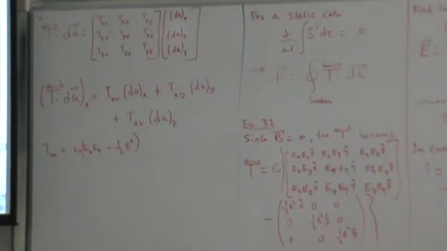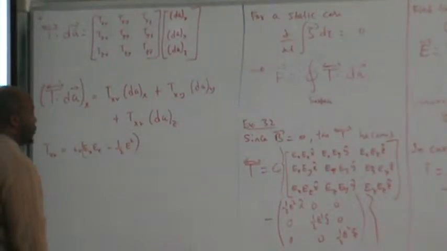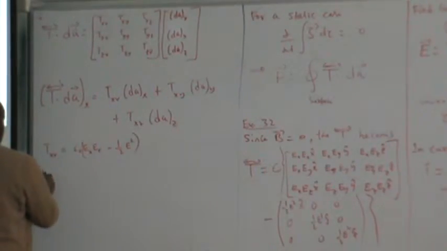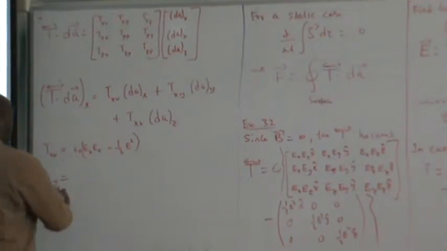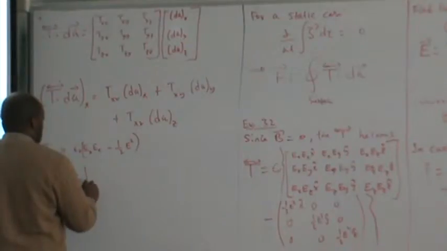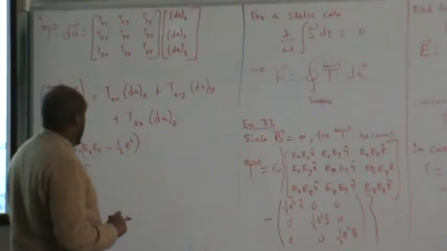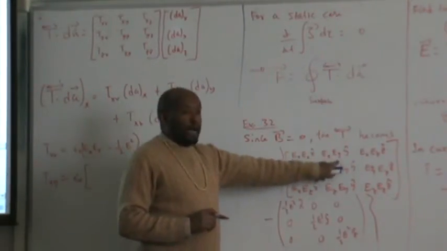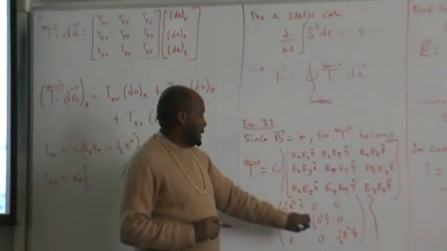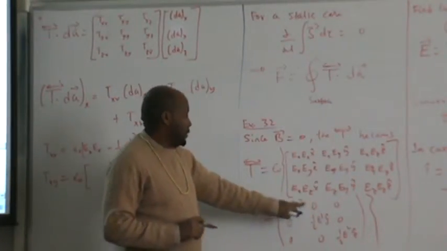All right? And similarly, Txy is going to be epsilon naught into Ex Ey minus 1, 0, right?